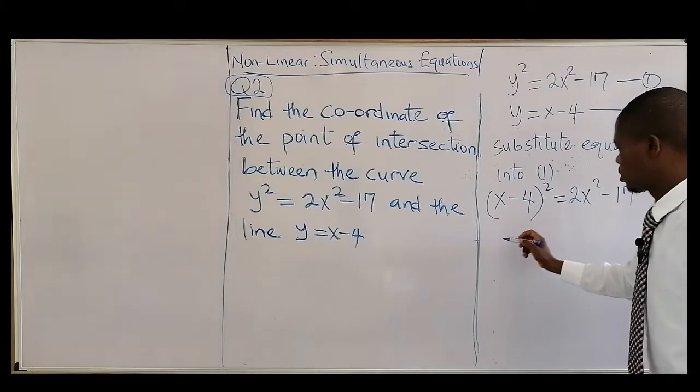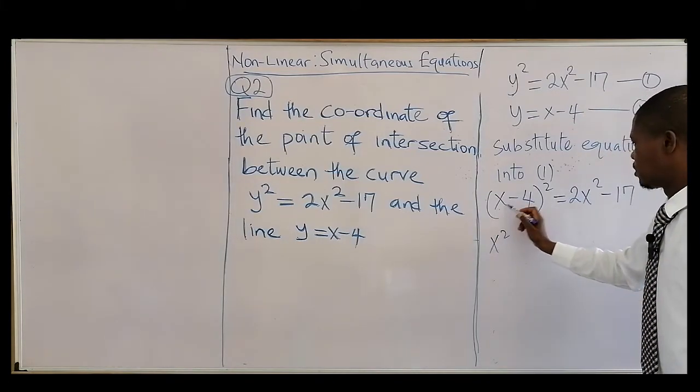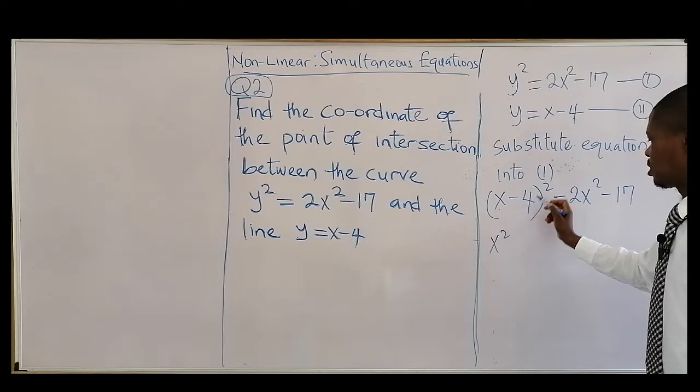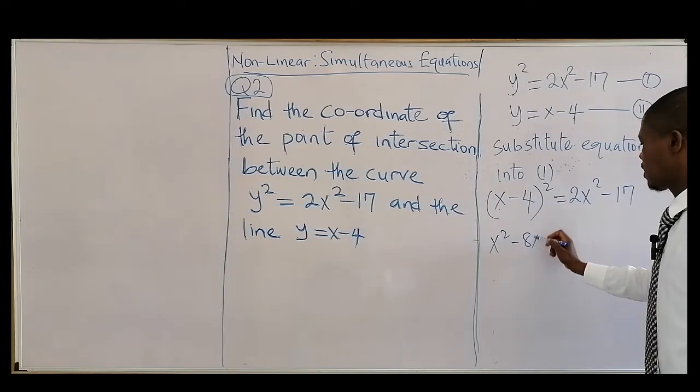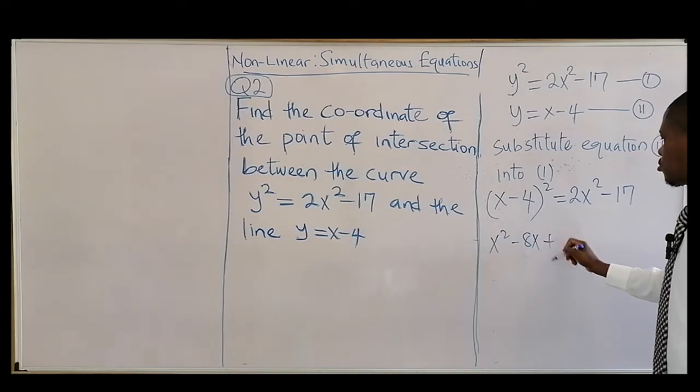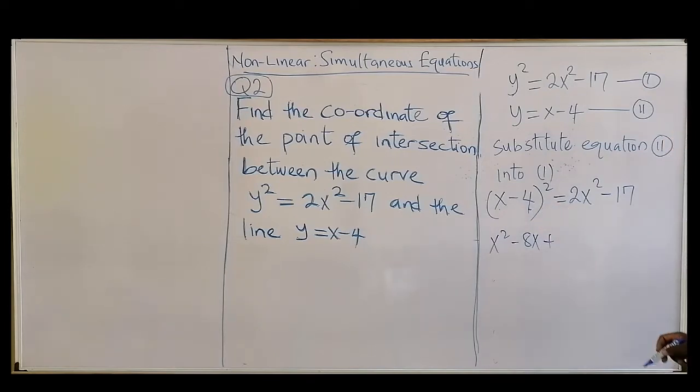This will be equal to x squared, this one times this one, that's 4x, and then times 2, minus 8x. Then plus minus 4 squared, that's 16, equal to 2x squared minus 17.